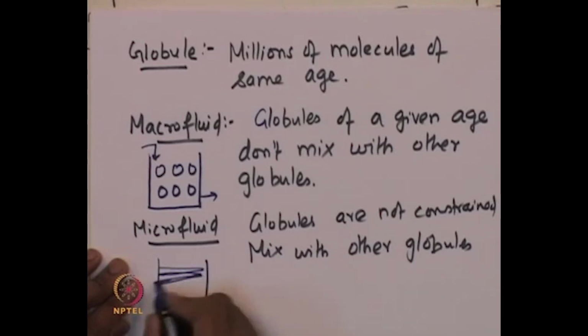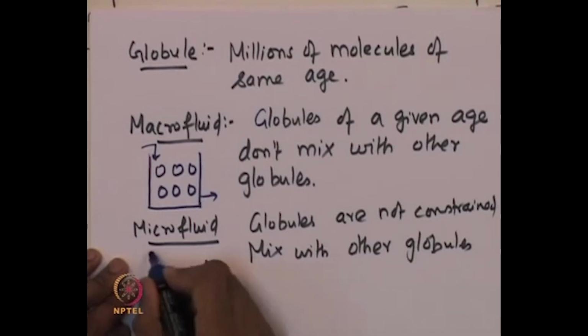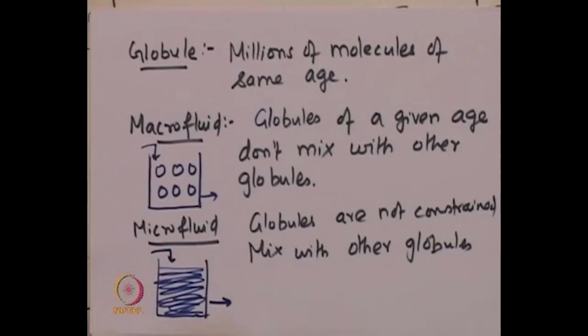They will all be completely mixed inside the reactor, between the inlet stream and the effluent stream, and so one will not be able to identify the globules independently.